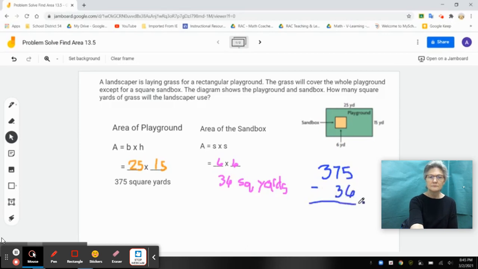Okay, 5 ones minus 6 ones. I don't have enough, so I need to, you got it, regroup. Right, so I have 6 tens.